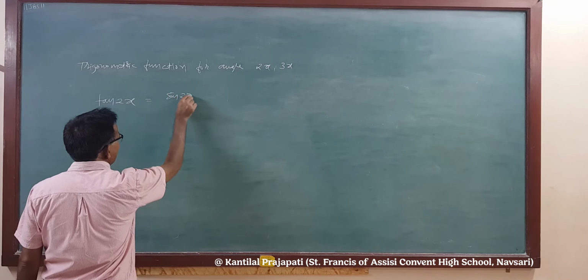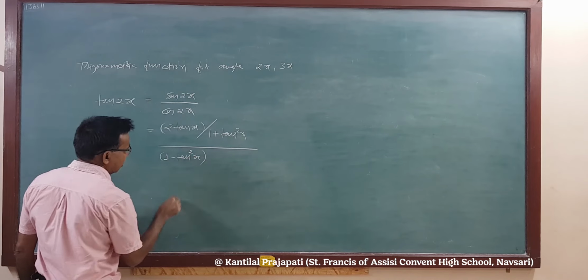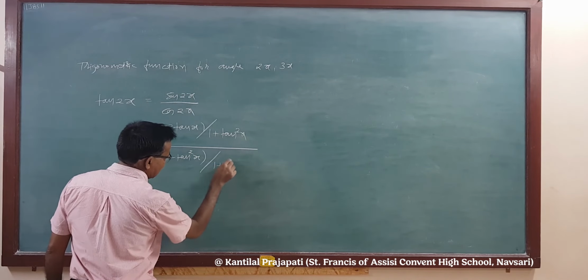So what is sin 2x? It is 2 tan x upon 1 plus tan square x, whole divided by cos 2x. What is cos 2x in terms of tan x? It is 1 minus tan square x upon 1 plus tan square x.